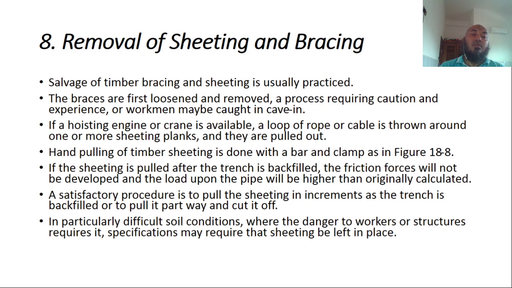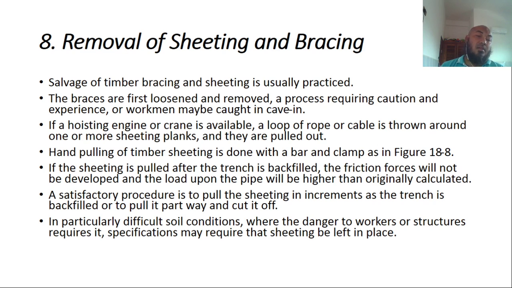If the sheeting is pulled after the trench is backfilled, the friction force will not be developed and the load upon the pipe will be higher than originally calculated. A satisfactory procedure is to pull the sheeting in increments as the trench is backfilled, or to pull it part way and cut it off.